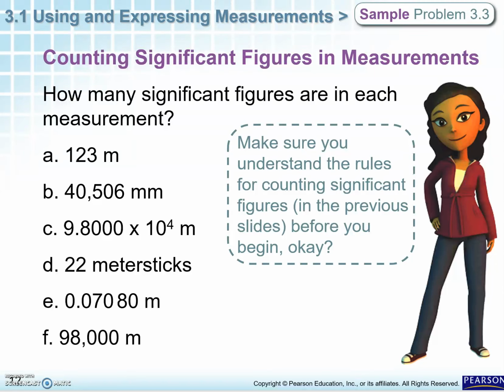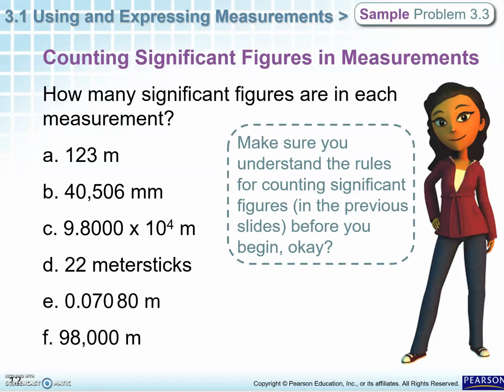For B here, you have 1, 2, 3, 4, 5 whole numbers. Now let's see, we have these zeros. We have to determine if they are significant. Because 4 and 5 are non-zero digits, this 0 must be significant. Same goes for the second 0. So overall, you have 5 significant figures.